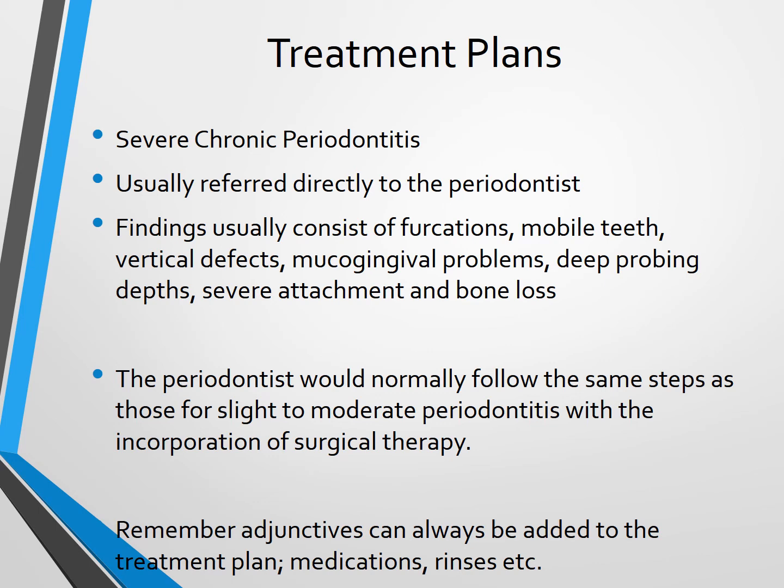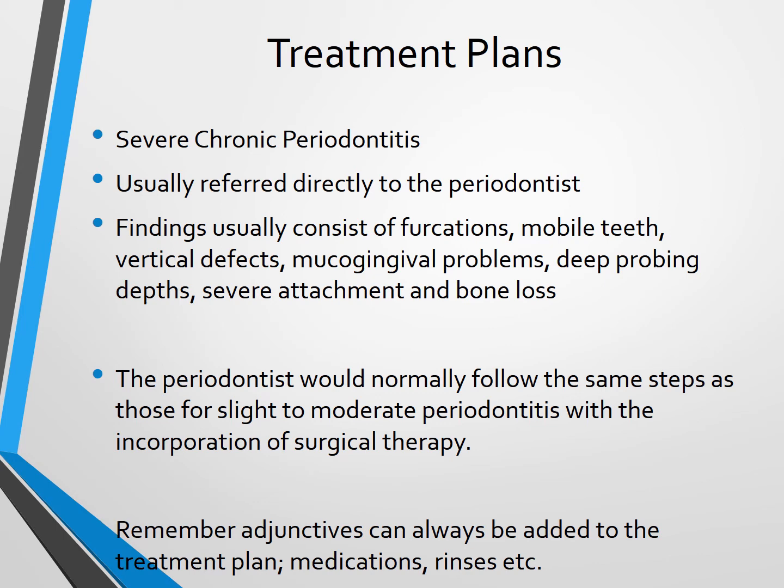Anytime you find these factors, more than likely they cannot be resolved with simple non-surgical therapy. Therefore, comprehensive periodontal therapy that includes both non-surgical and surgical treatment has to occur in order to get the patient back to health. This is why we would normally refer this patient directly to the periodontist.